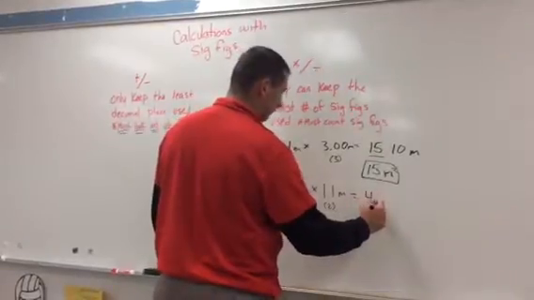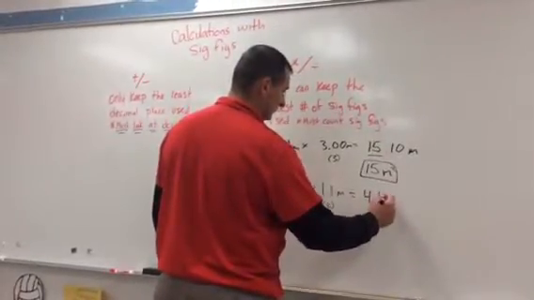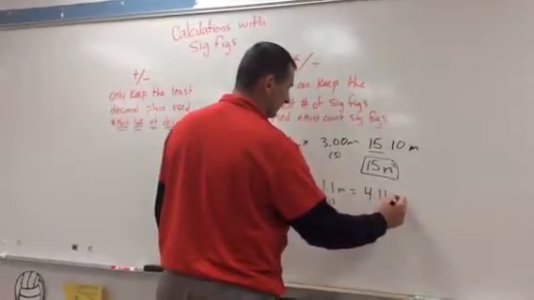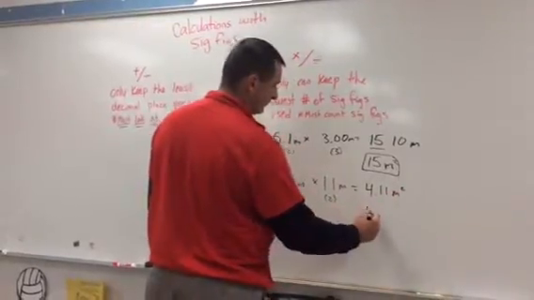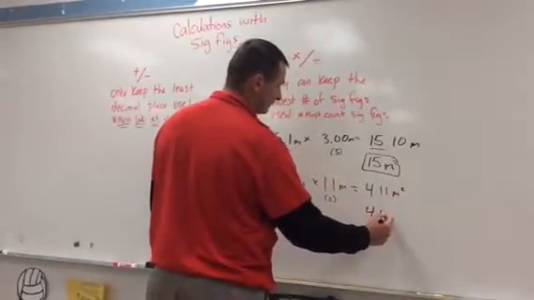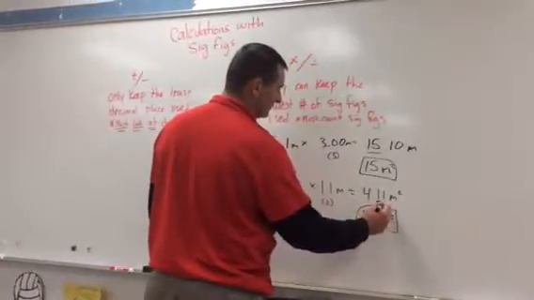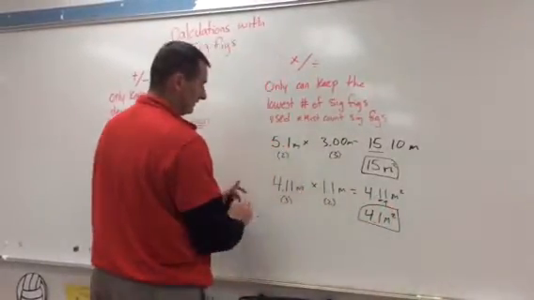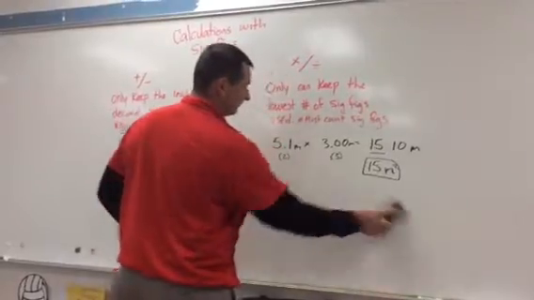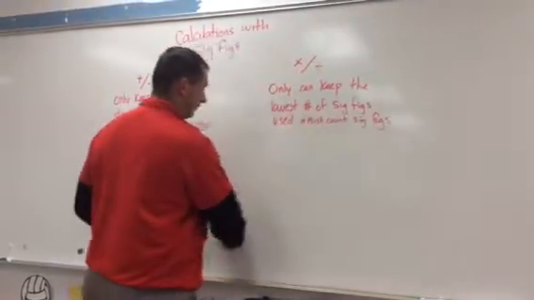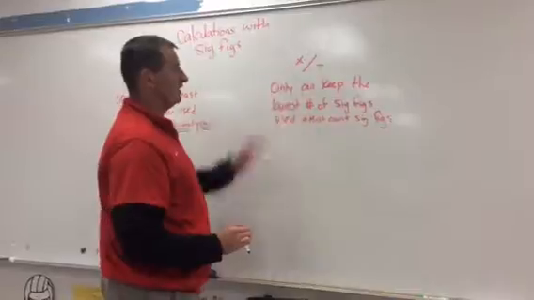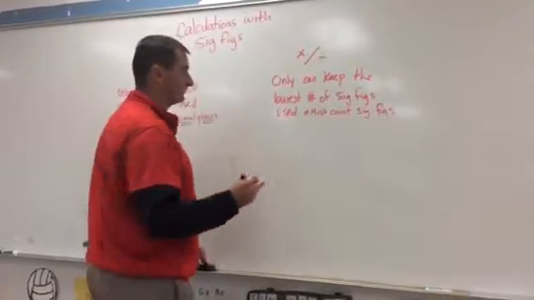If it's 4.11 meters squared, and I can only keep 2, then my answer is going to be 4.1 meters squared, because this is what I can go to, and this is my rounding digit, which doesn't affect it. So as far as multiplication and division, you have to look at the least number of significant figures.